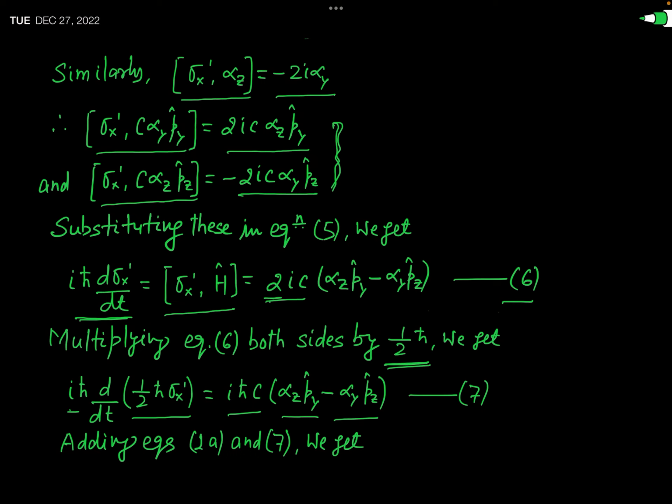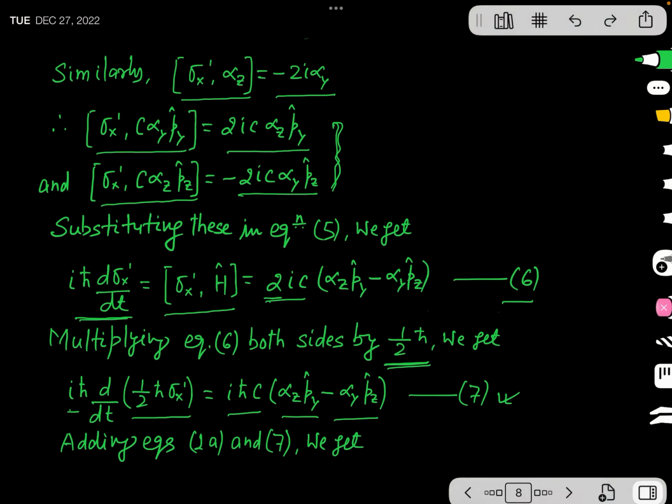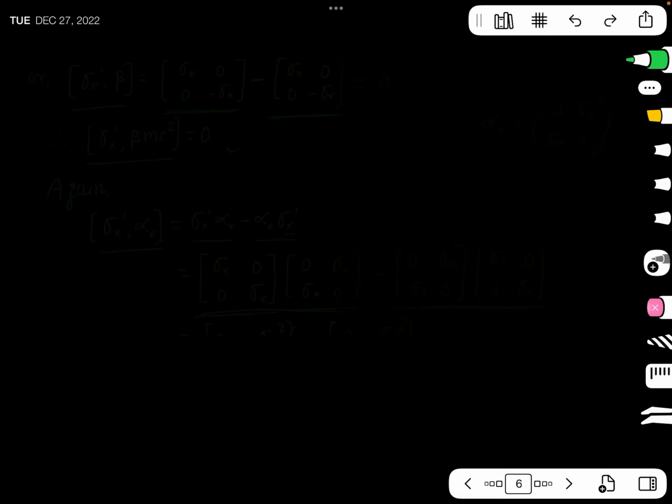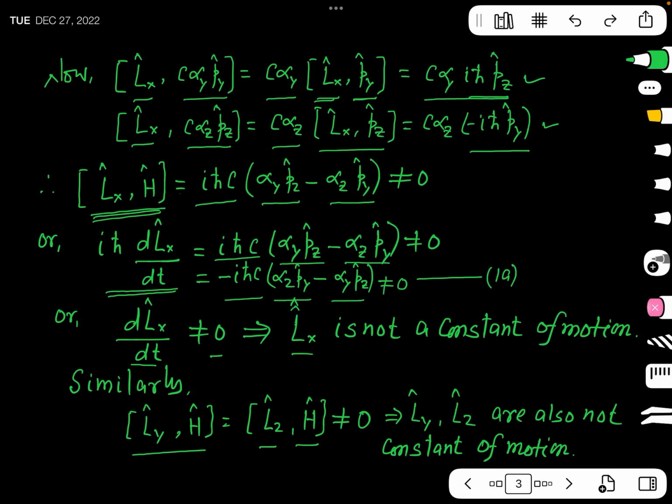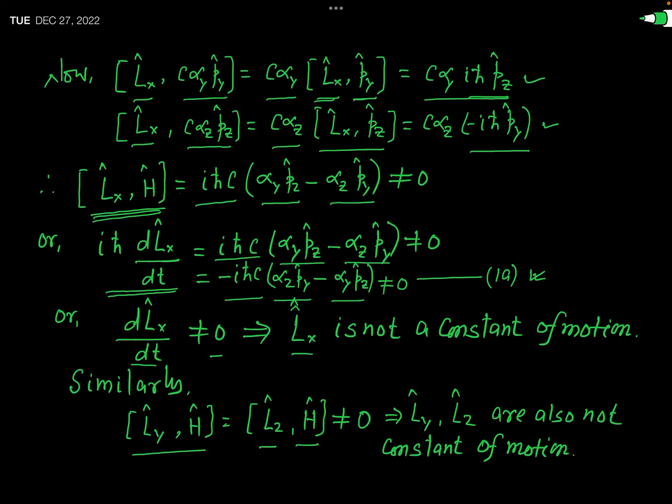Now this equation 7 and one of the equations which we obtained earlier, I am just showing that equation to you. This is equation number 1a. Here we have the commutator of Lx hat with h hat, which is equal to i h bar d Lx by dt, and this was found to be this much.